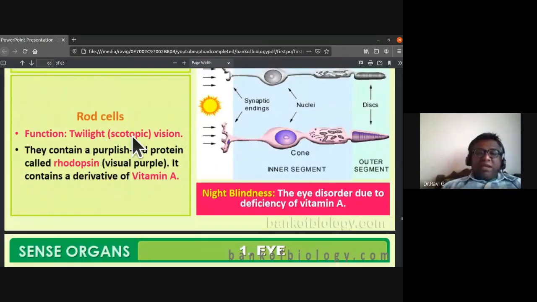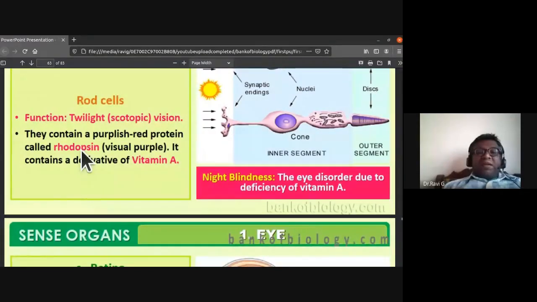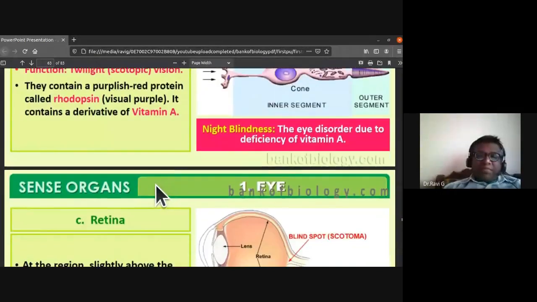Rod cells contain a purplish red protein pigment called rhodopsin, visual purple. It contains a derivative of vitamin A.